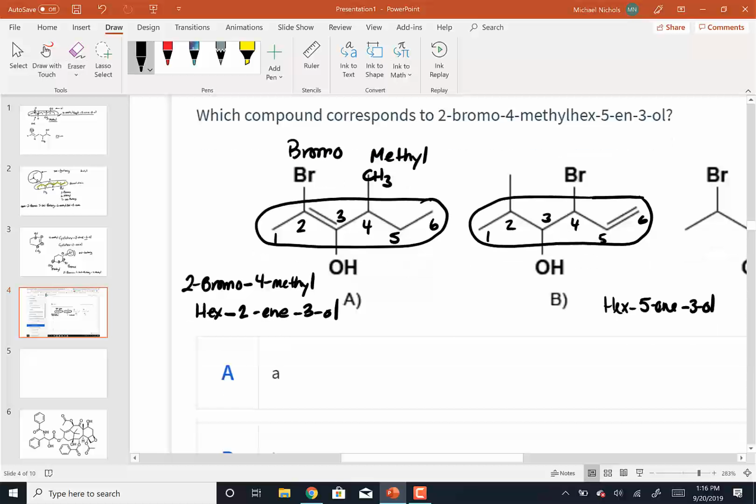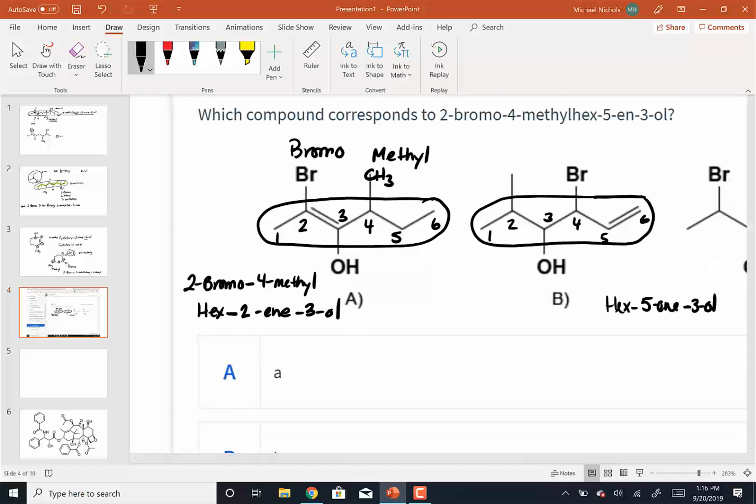Now, we probably could just cut to the chase here and say, I got a name, let's write the structure. So if I do that, then I've got hex. What does hex mean? Hex means I've got a 1, 2, 3, 4, 5, 6 carbon chain. 5-ene means at carbon 5, I've got a double bond. 3-ol means at carbon 3, I've got an OH.